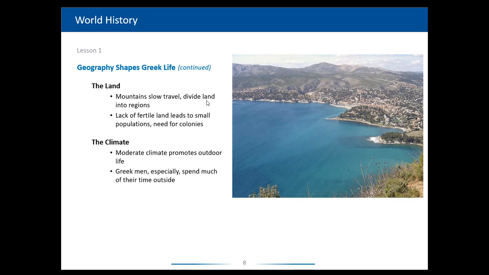Because they don't have a lot of arable land for farming because it's rocky, they have to figure out a way to find arable land, and that leads them to go outside of their areas. The climate in ancient Greece is moderate and it promotes outdoor life. Greek men, especially, spend much of their time outside.